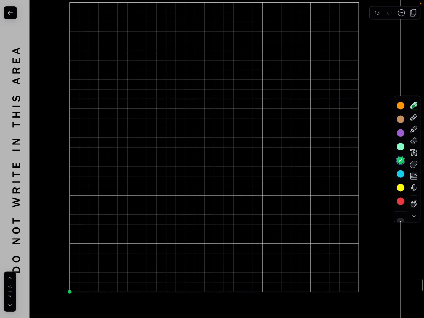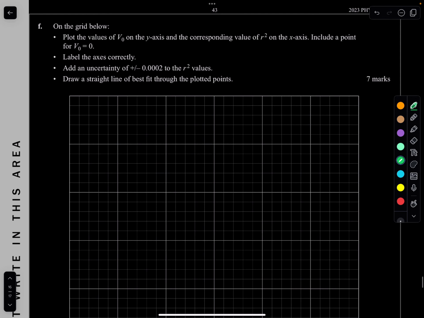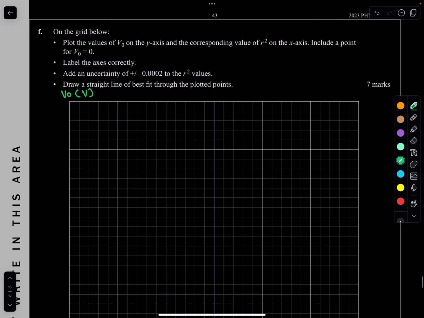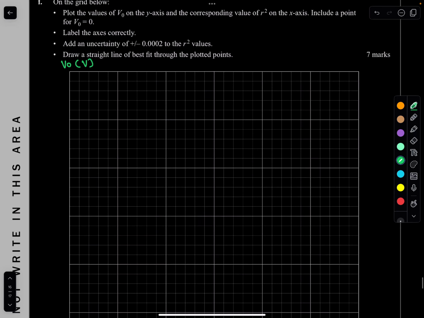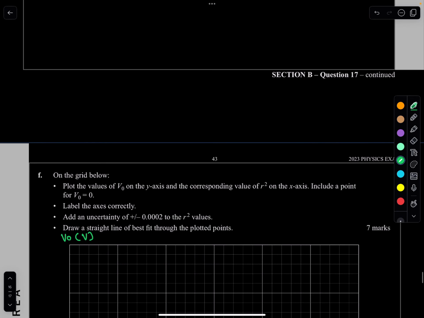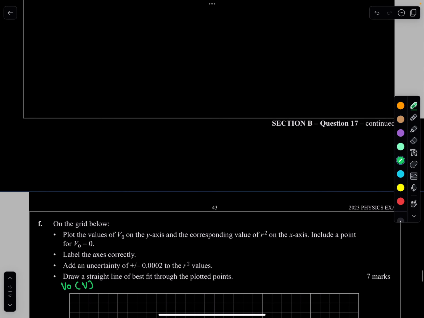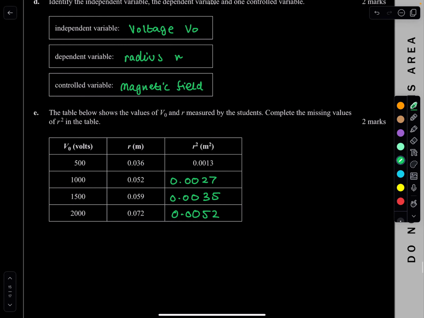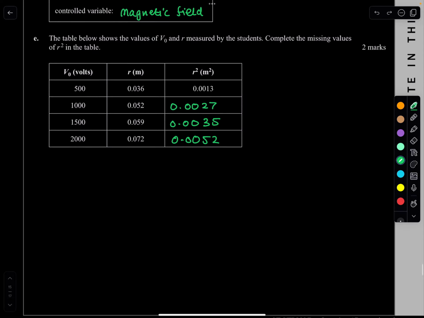Beautiful. So what I'm first going to do is basically label everything. I know that the y-axis is V0, which is your voltage, measuring your voltage. Let's think about how the axes are properly calibrated. We know the volts are going by 500, 1000, 1500, 2000.